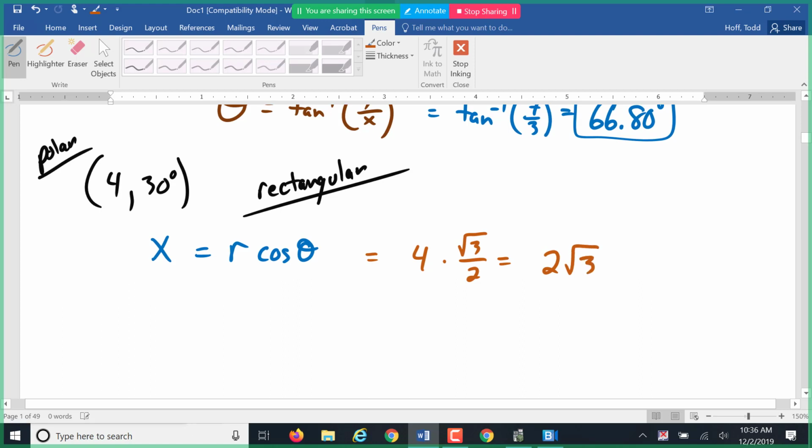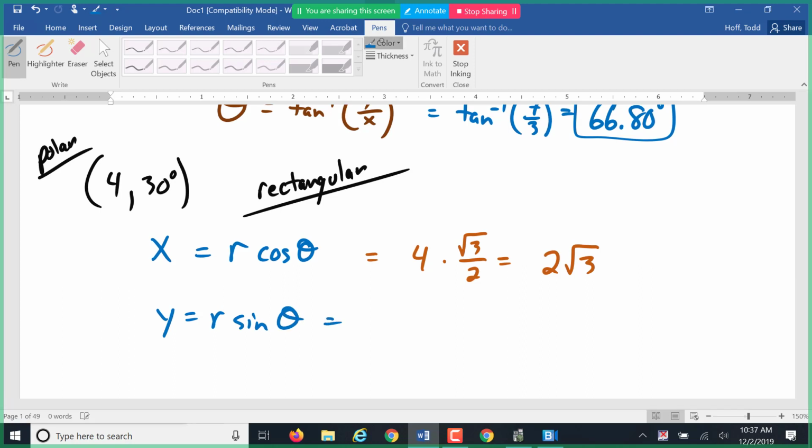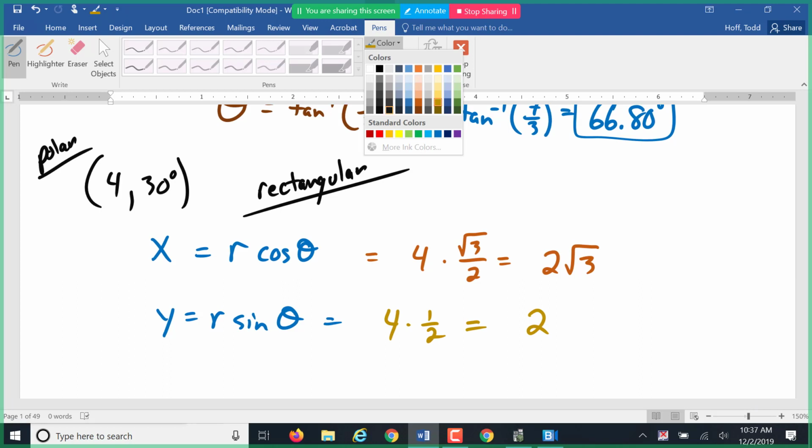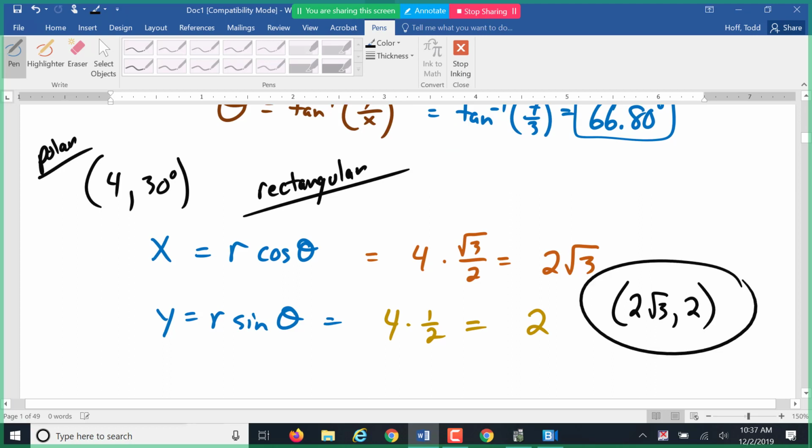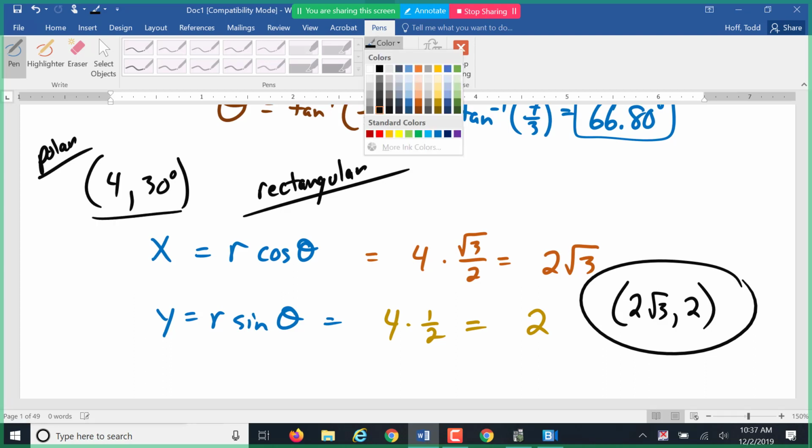So that'll be 2 times the square root of 3. The y coordinate will be r times the sine of theta. So that'll be 4 times the sine of 30 degrees, which is 1/2, so that's simply going to be 2. So as a rectangular coordinate it would be 2 square roots of 3, comma 2, the xy coordinate for that point, for 30 degrees.